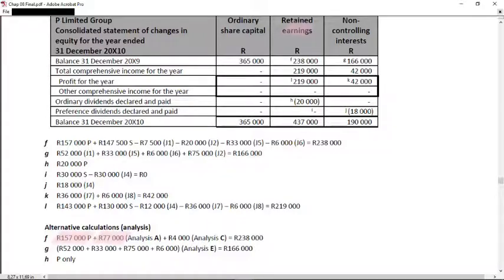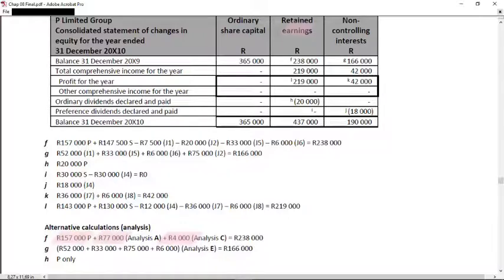And remember, the moment you are in chapter 8, it's not only a portion from the ordinary share analysis, the parent is also a preference shareholder. Therefore, there's also an amount coming from the preference share analysis that they are entitled to, that is attributable to them, that you add to their opening balance.